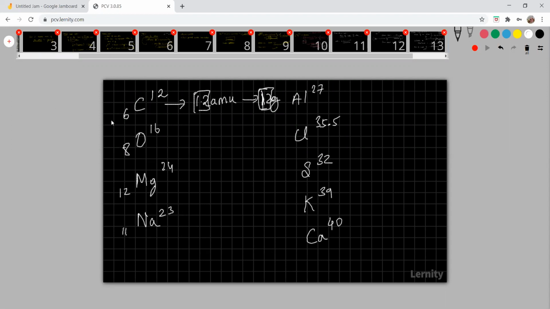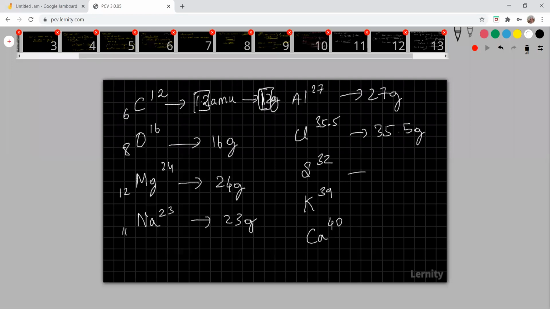So here mass of one oxygen atom will be 16 AMU. I'm sorry, 1 mole of oxygen, 16 grams. Then 24 grams, 23 grams, 27 grams, 35.5 grams, 32 grams, 39 gram, 40 gram. Okay, these are a few of the atomic masses of certain atoms.